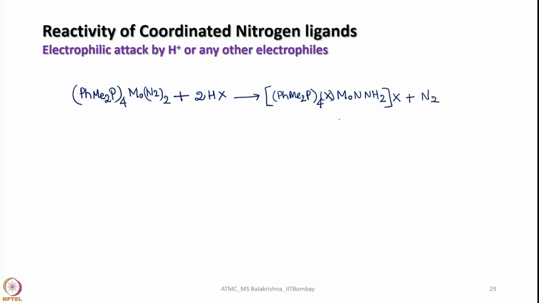in this reaction one of the N2 is liberated, whereas the other N2 is reduced to form this kind of product. Diphos is a bidentate ligand.